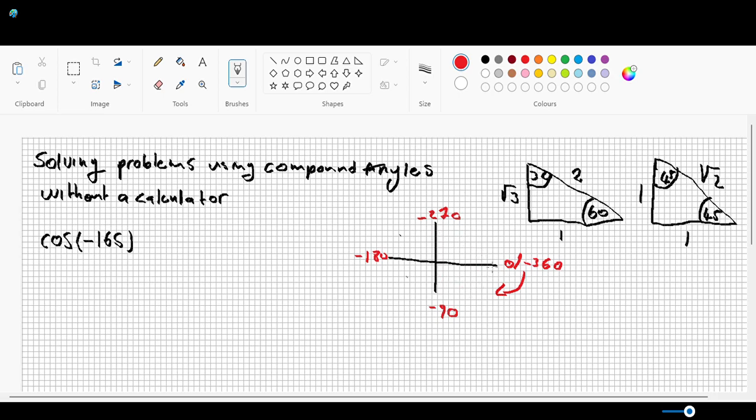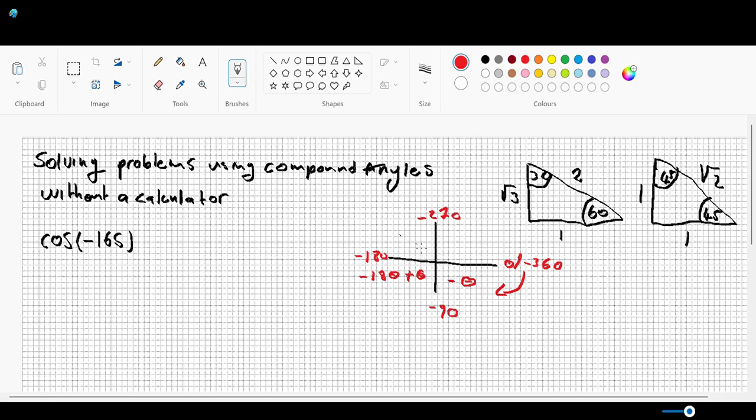Alright, so when we go backwards, how do we represent each quadrant? Remember, this is still the fourth quadrant, but since we are going backwards, this is going to be negative theta. On the fourth quadrant, when you go backwards, this is how we represent the fourth quadrant. And then the third quadrant, when you go backwards, this is how we represent it. Negative 180 plus theta.